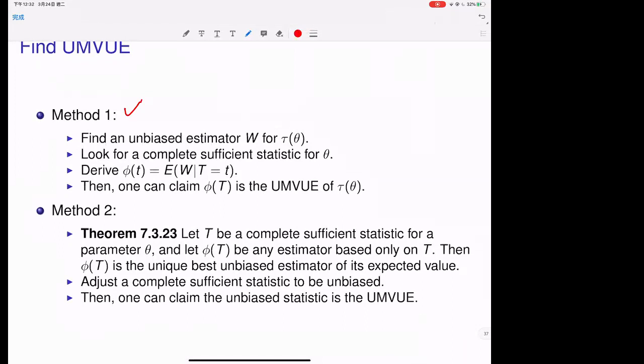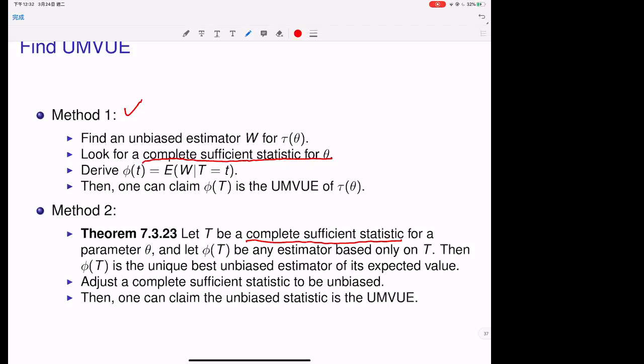And then you find the complete sufficient statistic. This is very important, as you can see later in method number 2, you also find some complete sufficient statistic. So whenever we're trying to find the UMVUE, we are always trying to find a complete sufficient statistic first.